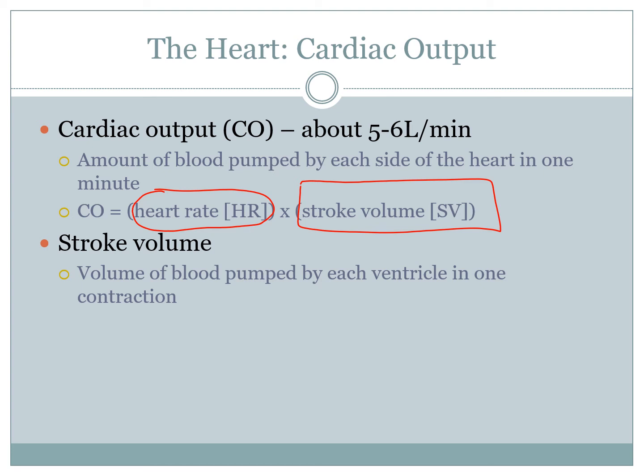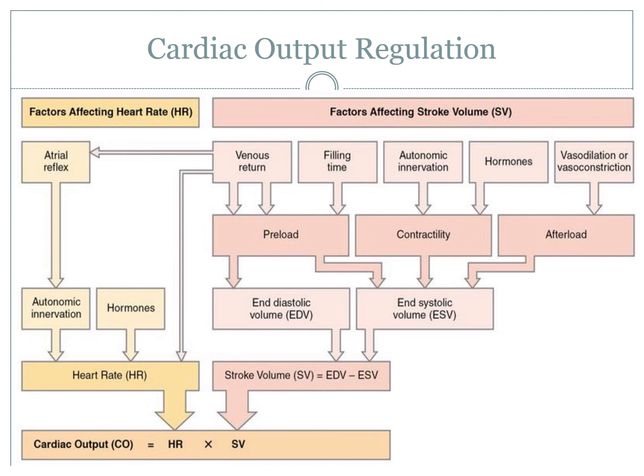So those are the two factors that can influence cardiac output. The easiest change is the heart rate, but we can change the stroke volume in order to have a better outcome. So let's break it down nice and quickly. When we look at increasing the heart rate, what that means is there are going to be more beats per minute.